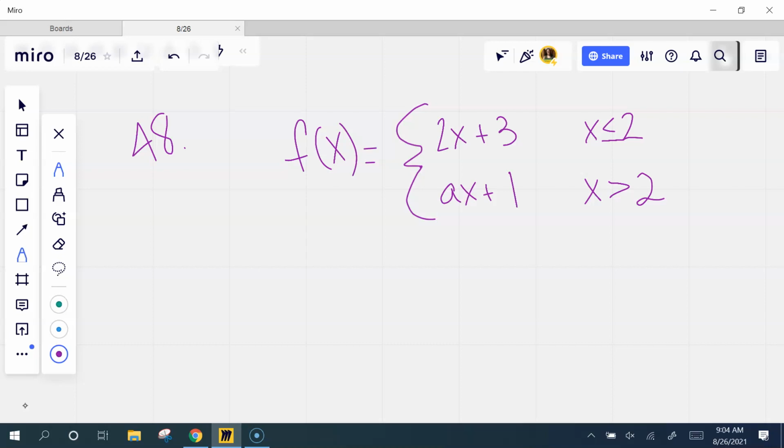Yes, Ren, it's 3, but I want you to reason through with limits first. If I want to say that this is continuous at 2, how do we define that in limits?